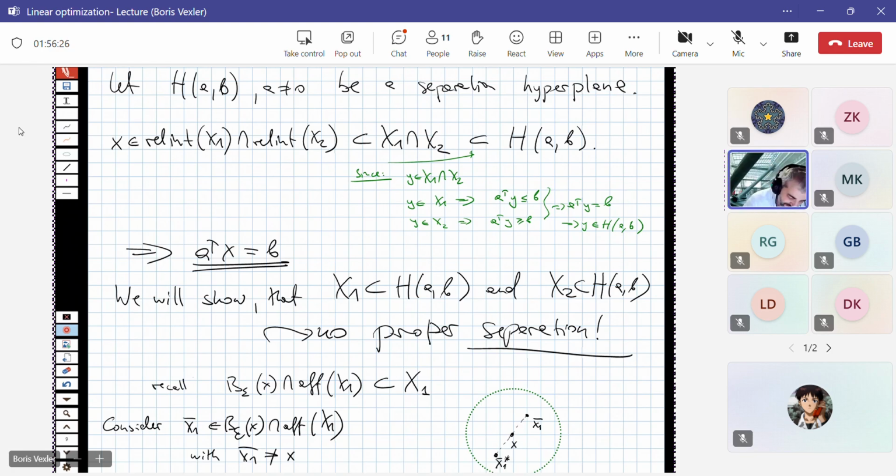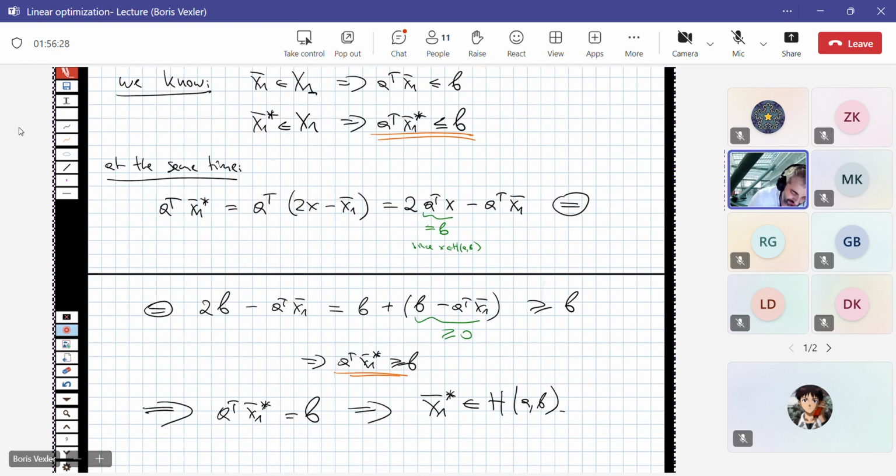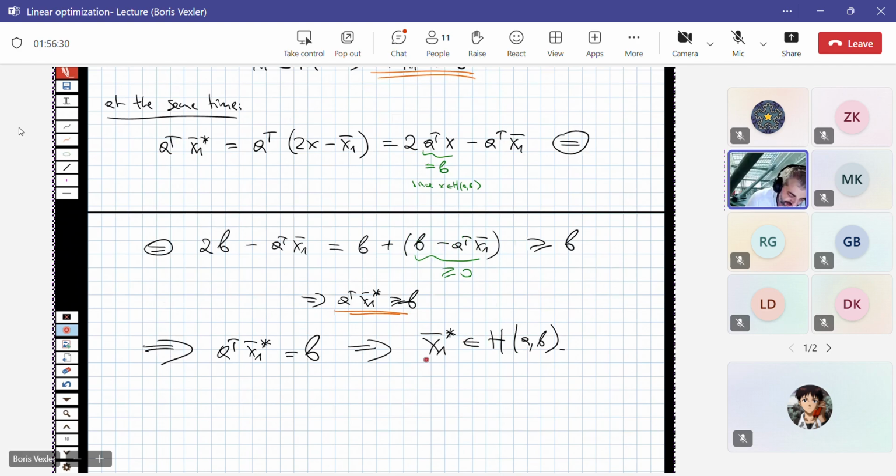How to see this again? So far we have shown that x1 bar star is an element of H_{A,b}. Of course, if you know this, then for the same reason you see that also x1 bar is an element of H_{A,b}.